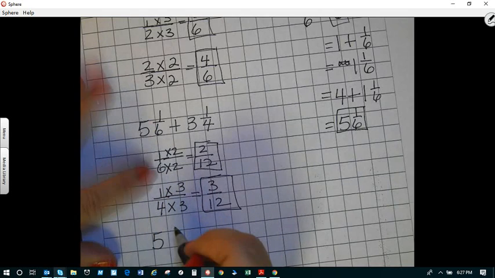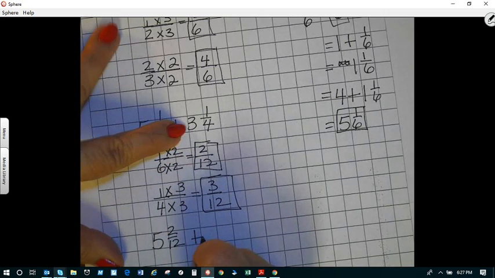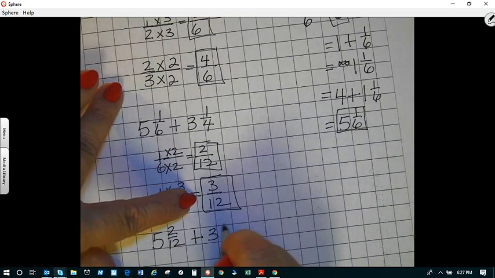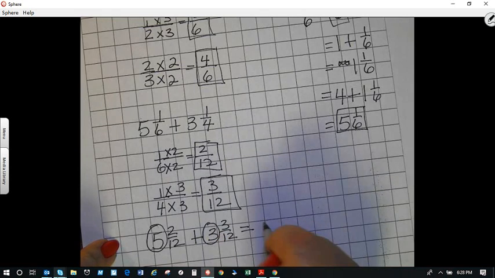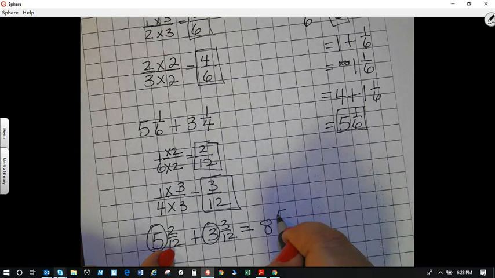The 1/6 now is 2/12 plus my 3 wholes. My 1/4 has now been changed to 3/12. And that equals, add up my whole numbers, 5 plus 3 equals 8. 2 plus 3 equals 5/12.